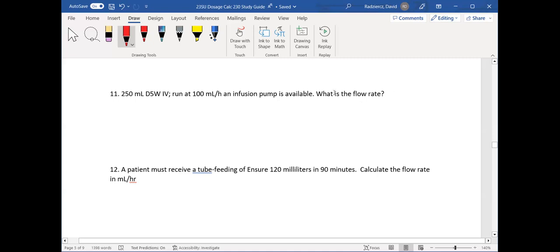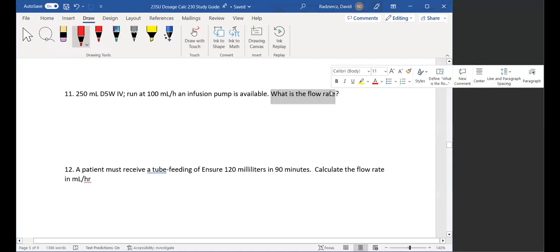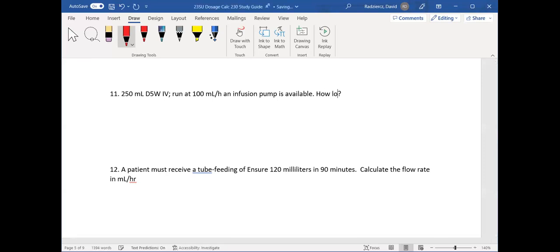What the real question is, how long will this infusion run? Okay, so how many hours, how many minutes?